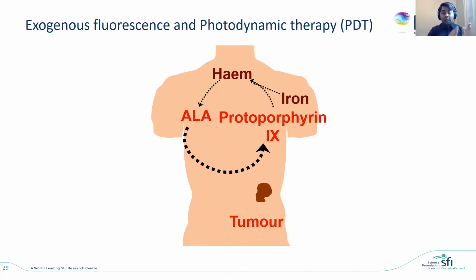ALA is a natural compound that occurs in our organism. It is used to produce protoporphyrin IX, and then the heme that is used for the hemoglobin in our blood for picking up oxygen and distributing it to all the cells of our body. So we actually survive because of this.